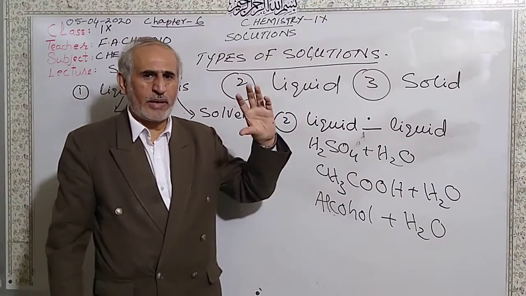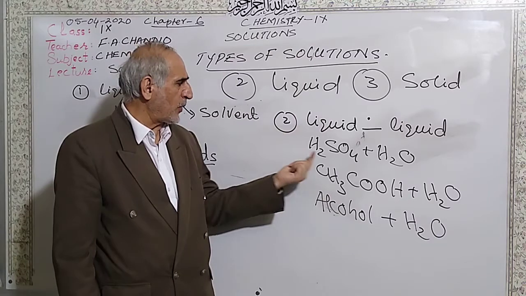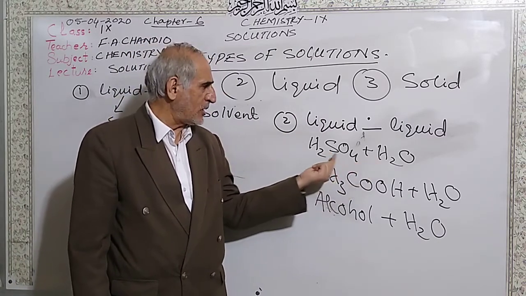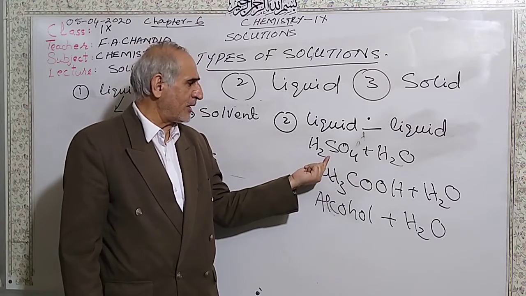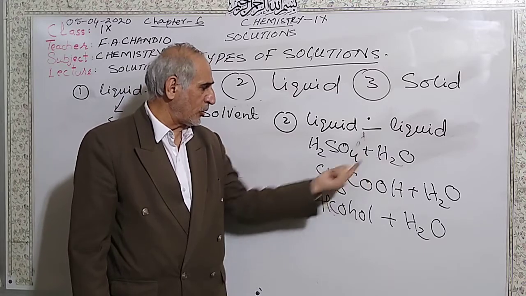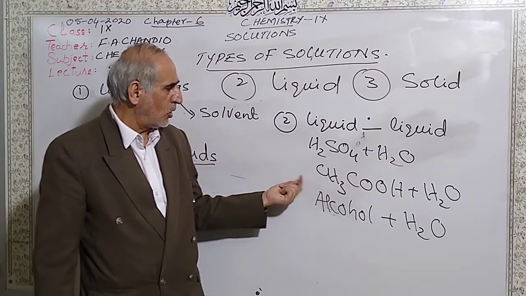If you make the solutions in the laboratory for experimental purposes, a small quantity of sulfuric acid is dissolved in water. This is the liquid, sulfuric acid, small quantity, and water is a large quantity. Both are liquids. Acetic acid makes vinegar.